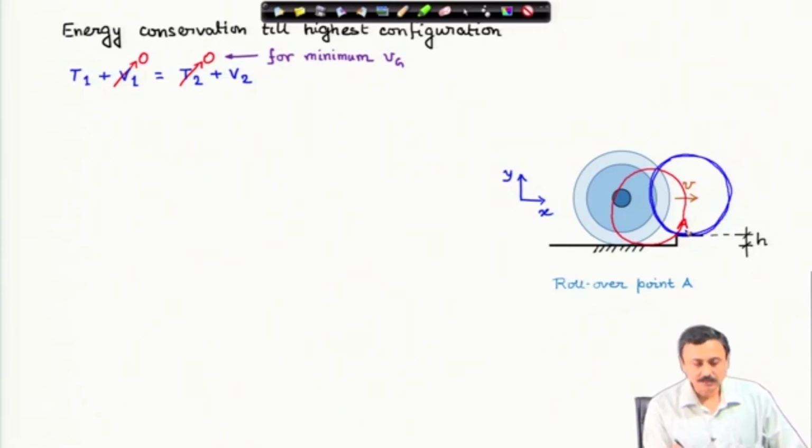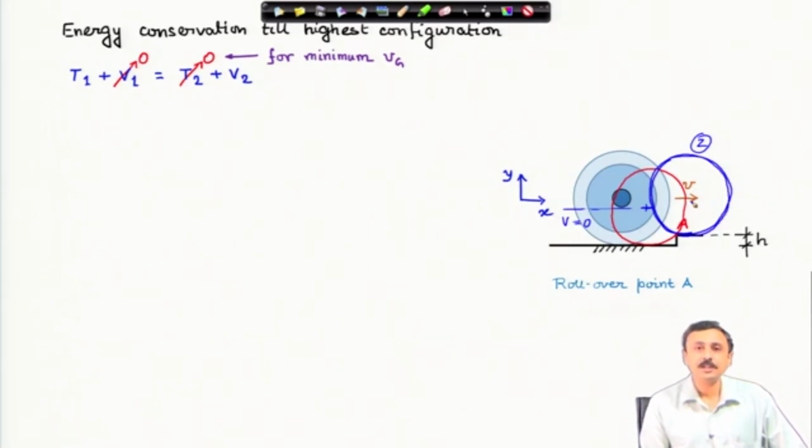I consider these two as the two states of the system. Initially, I have considered the datum, potential energy datum, as this center. Therefore, this is V equal to 0. Initially, in state 1, which is the red circle, the potential energy is 0, but there is a kinetic energy contribution, that is T1. In state 2, if we have to find out the minimum starting velocity V, this is where it comes to rest.